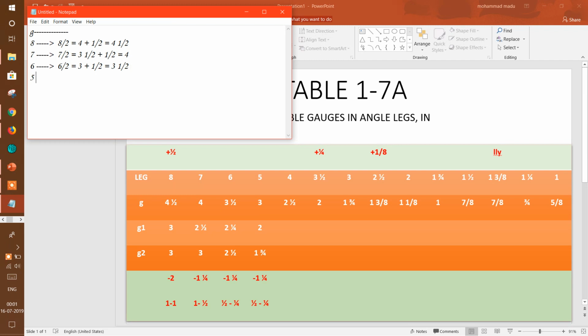Now the fifth one: 5 by 2 equals 2 1/2, plus 1/2, that is equal to 3. Yeah, 3.